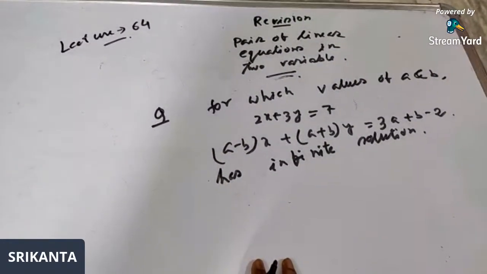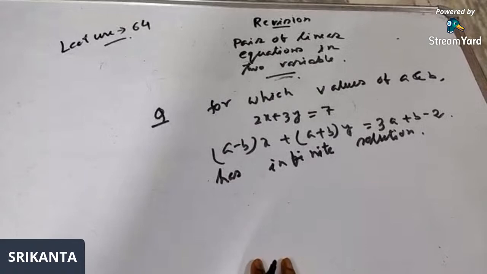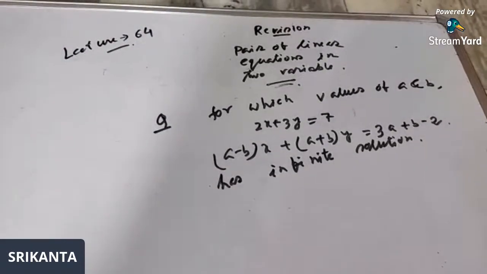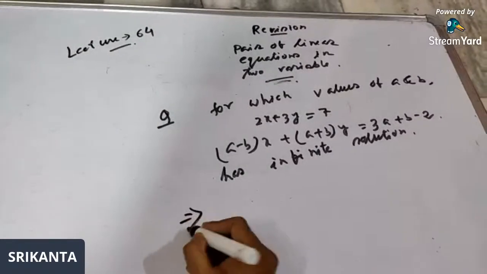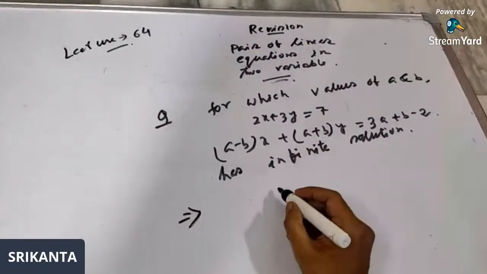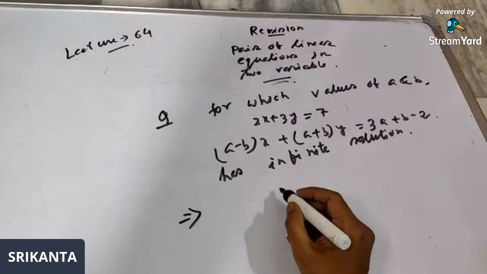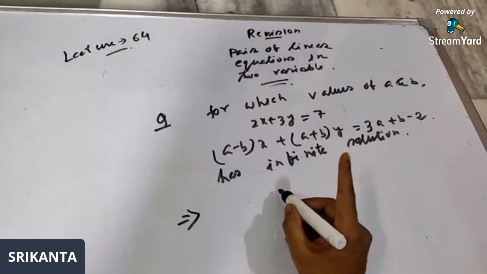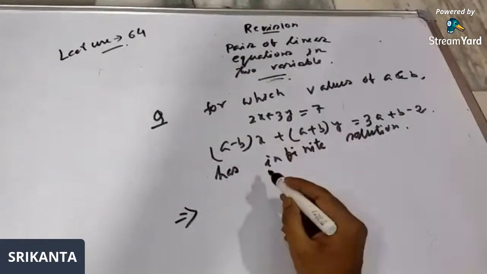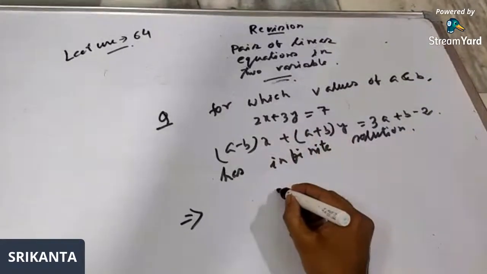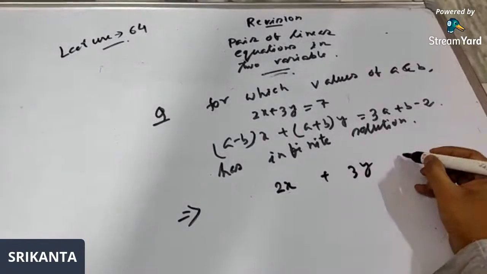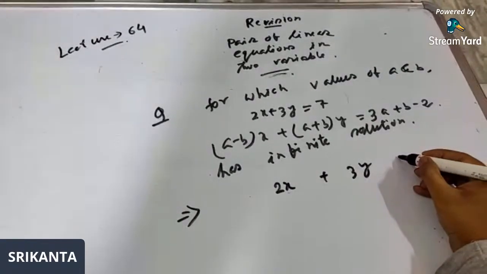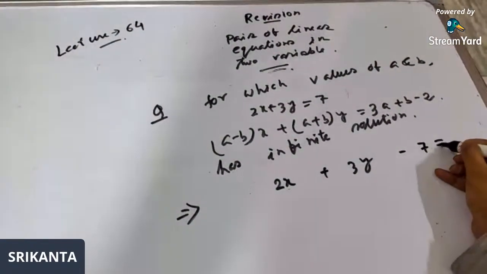For what value of x do we have infinite number of solutions? So that's our third case, I think, right? For infinite number of solutions, at first write the given equation, right?